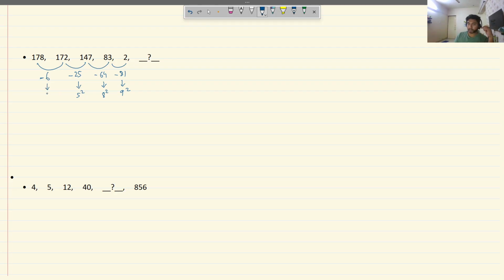Can we write 6 as 6 to the power 1, 5 to the power 2?